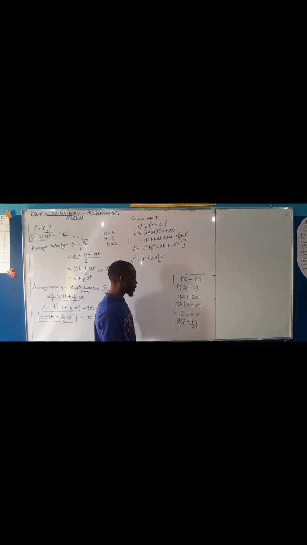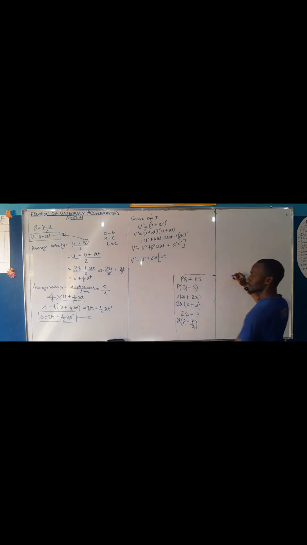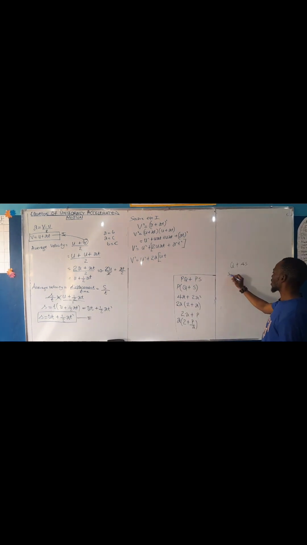If I give you q plus 4s, and I say you should factorize s out, you write s. There's no s in q, so you just write q over s plus. In fact, you can even say 4s over s, and s will cancel s. I'm having s times q over s plus 4.